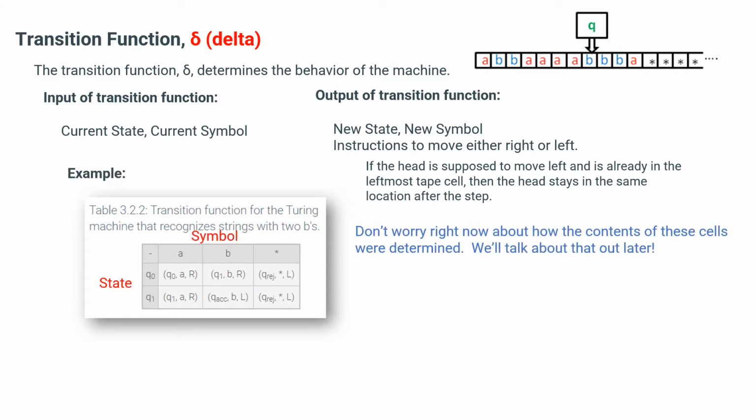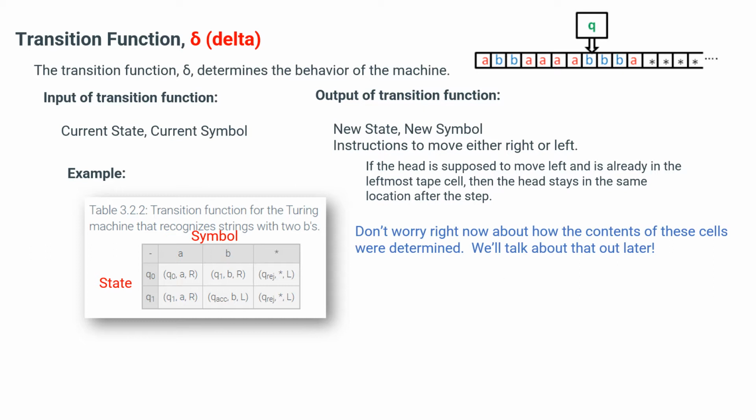Here's an example of what a transition function might look like. I don't want you to worry yet. You might read the top here and see that it says transition function for Turing machine that recognizes strings with 2 B's. That is what this transition function is, and we're going to be looking at that very situation later.